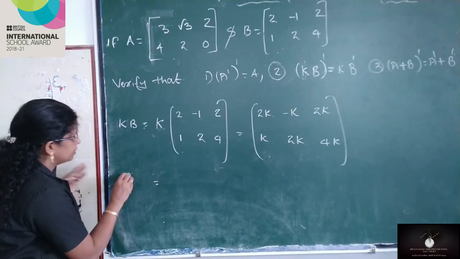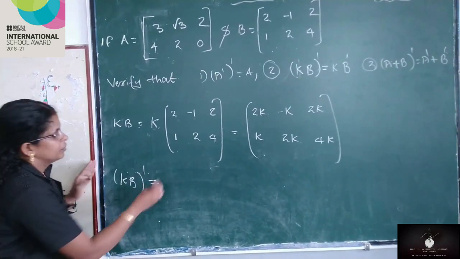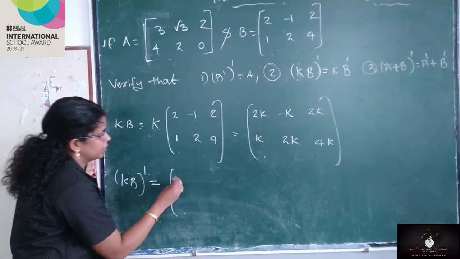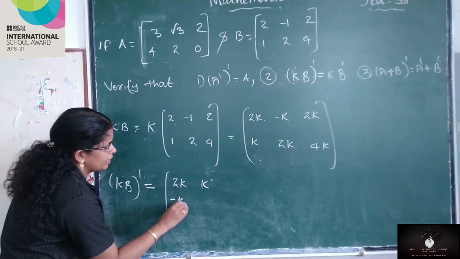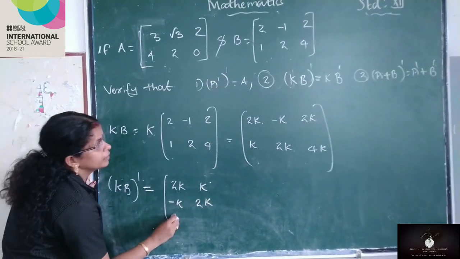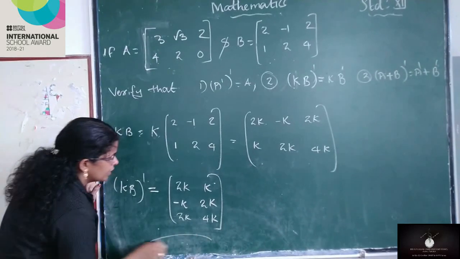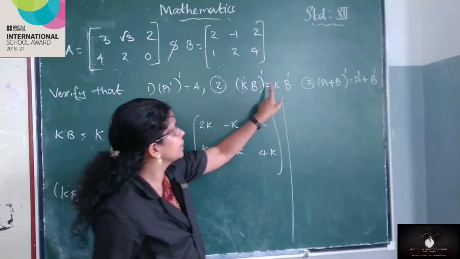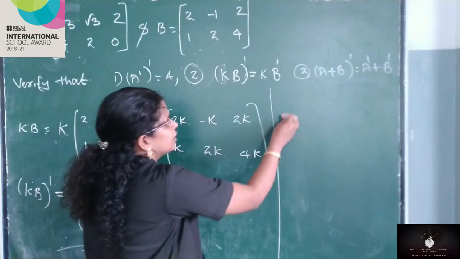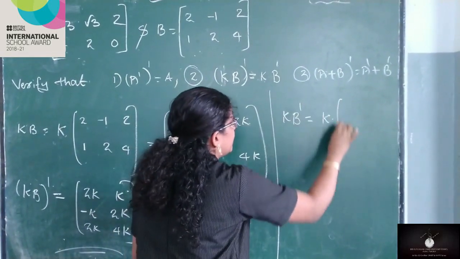So kB whole transpose, interchanging the rows and columns, is: first row 2k, k, second row minus k, 2k, then third row 2k, 4k. So we got the left side. What is our right side? We have to prove k into B transpose.